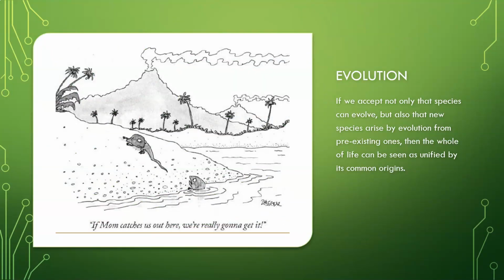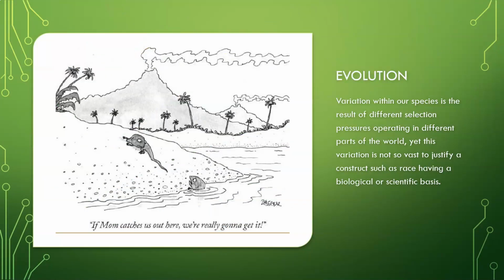So if we accept not only that a species can evolve, but also that new species arise by evolution from pre-existing ones, then the whole of life can be seen as unified by its common origins, saying that species evolve from other species.